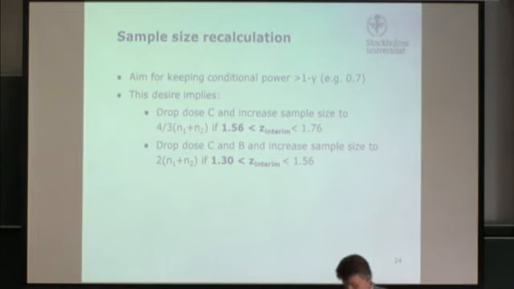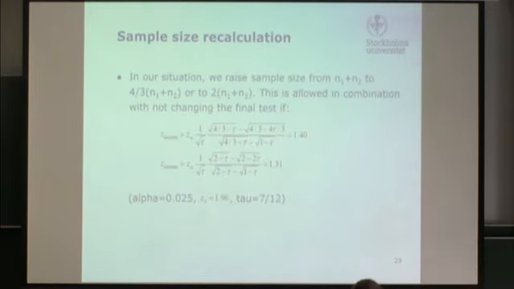And we have seen the type 1 error is controlled as we are here above 1.41. If I go back to the 1.40, that was the result here.